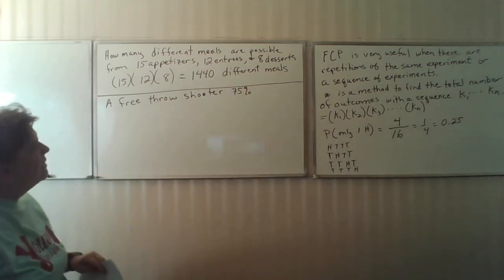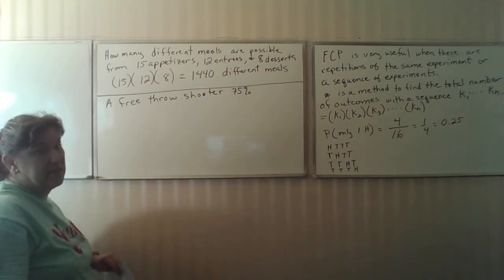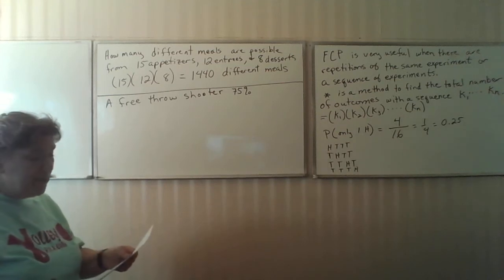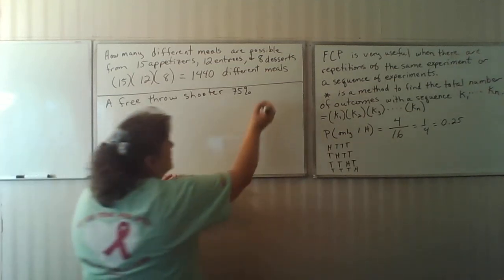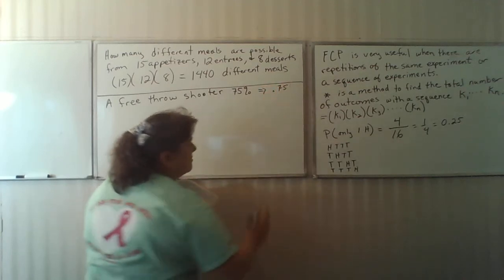That means he makes 3 out of 4 shots, right? Because that's 75%. So, what is the probability, and this is equal to 0.75 as a decimal, because we need it as a decimal.